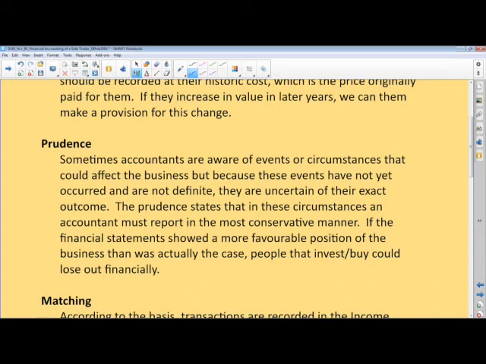The prudence principle states that in these circumstances, an accountant must report in the most, and that's the very important word there, conservative manner. If the financial statement showed a more favorable position of the business than was actually the case, and this we don't want, people that invest or buy could lose out financially. So hopefully you understand what we read.